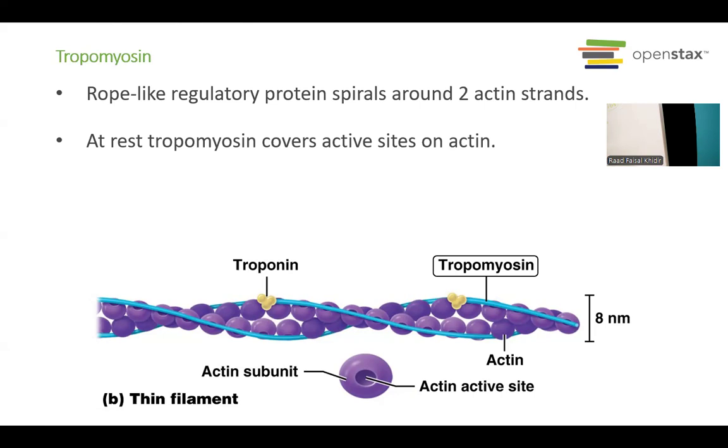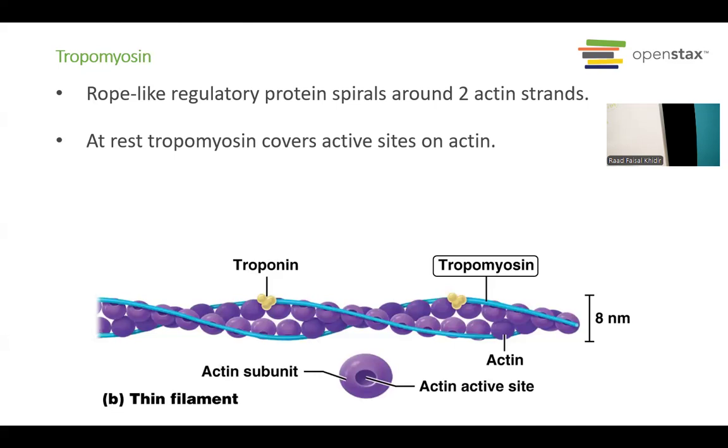Transverse tubules, excellent, or T tubules. Then the T tubules carry the action potentials to the cisterns, and the cisterns secrete a lot of calcium. The calcium goes to the troponin. So you see the holes. The holes are not exposed, so your myosin cannot bind to them.